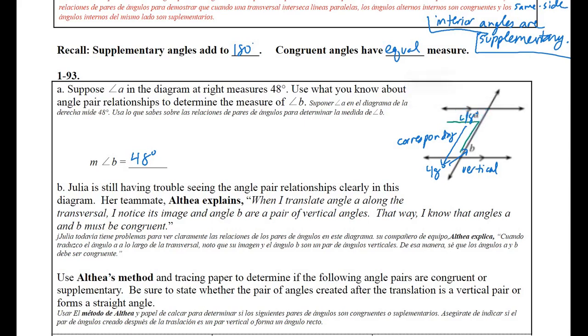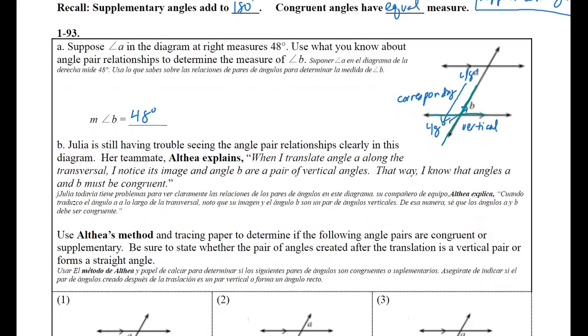So Altea is translating the angle A across the transversal. And then because the translated version is vertical to angle B, all of these angles have to have the same measure. That was our version of doing tracing paper, everybody.